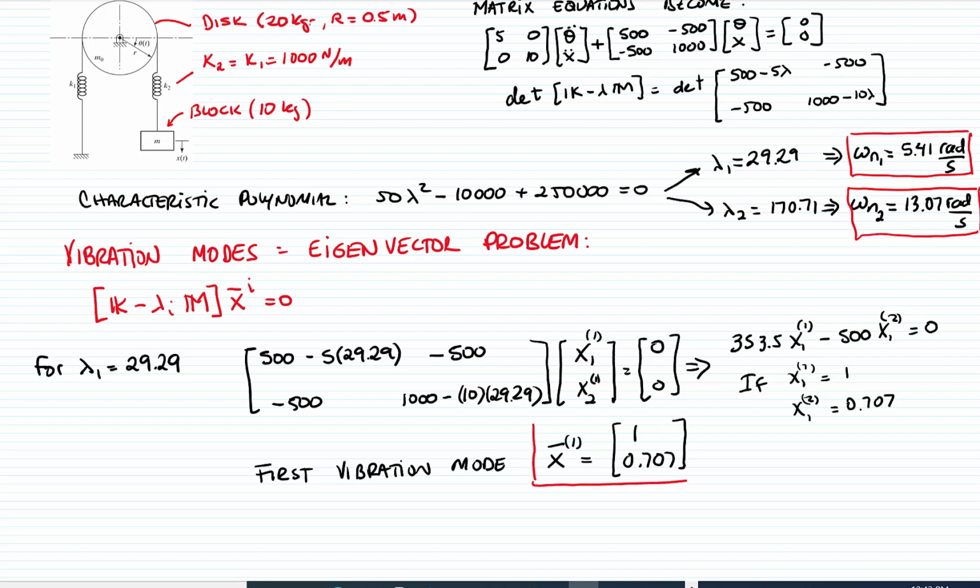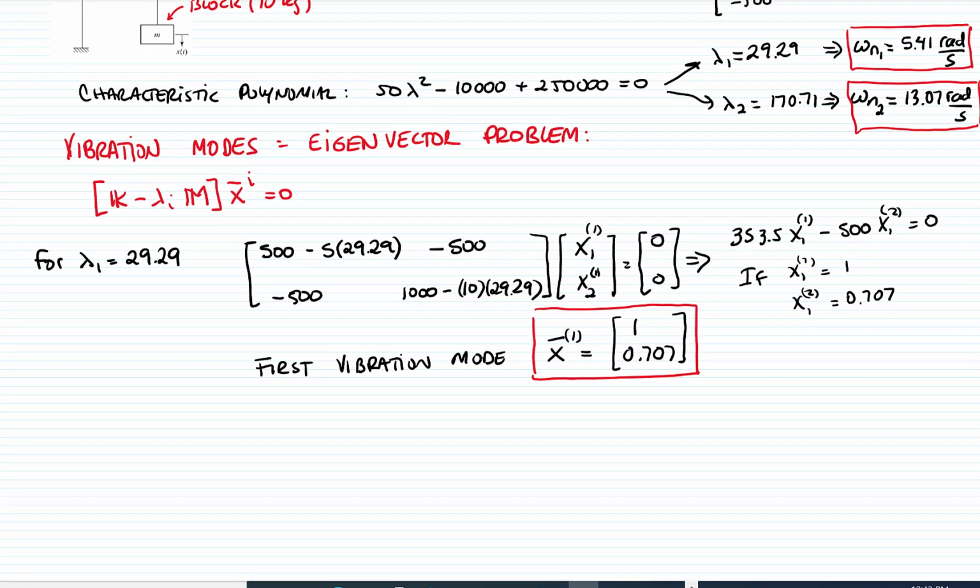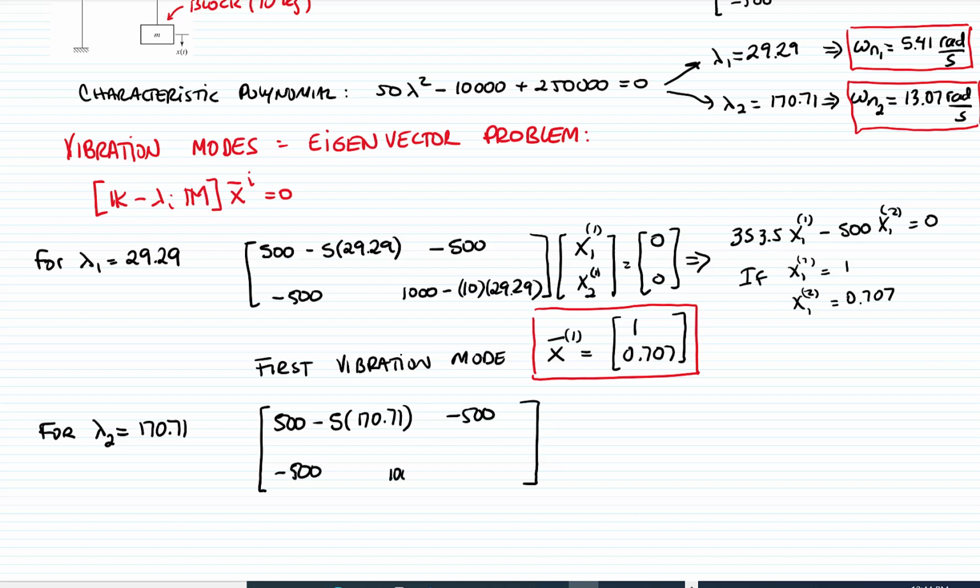If we do exactly the same for the second value for lambda, lambda 2 is equals to 170.71, and we input that in our matrix, that is 500 minus 5 times 170.71, minus 500, minus 500, 1000 minus 10 times my lambda, 170.71.